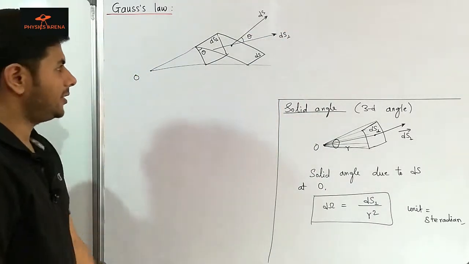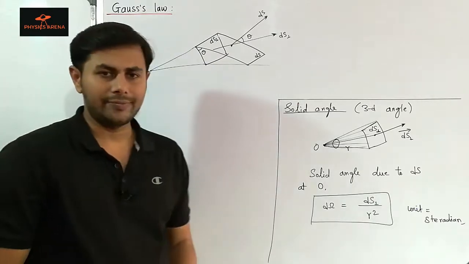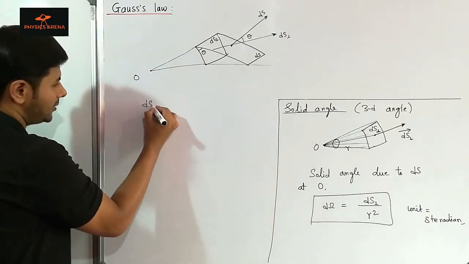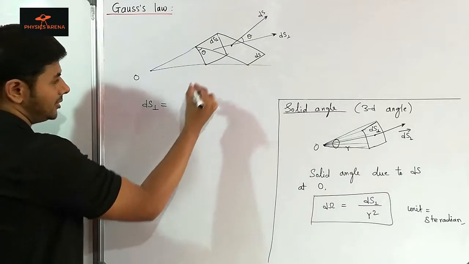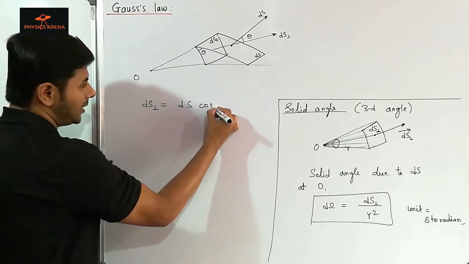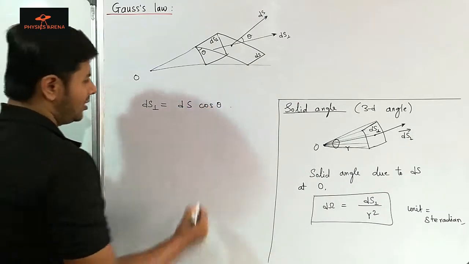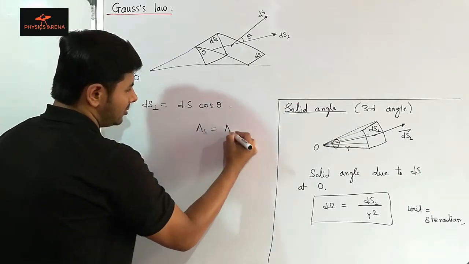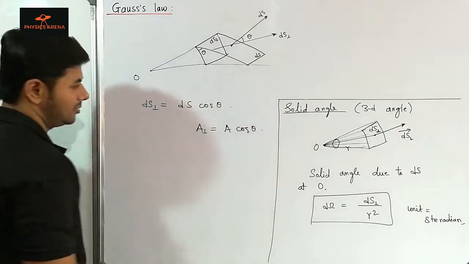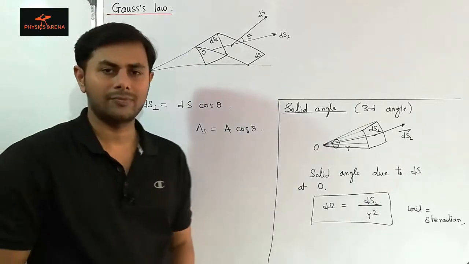And we have already written that ds perpendicular is equal to ds cosine theta, or a perpendicular equals a cos theta, to be particular.